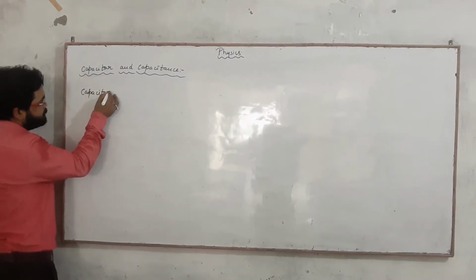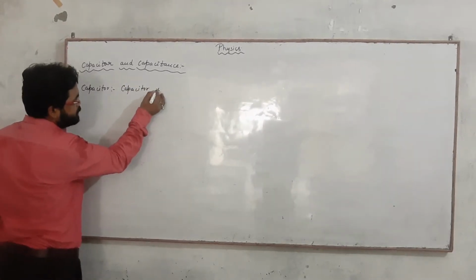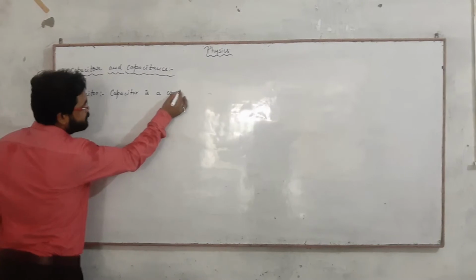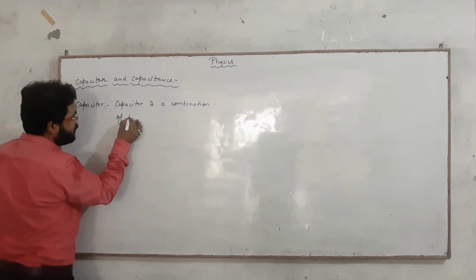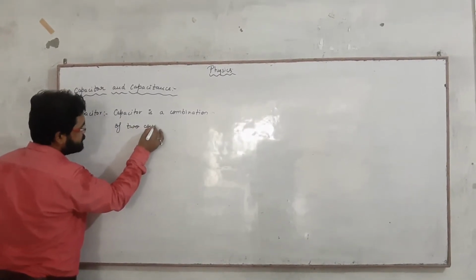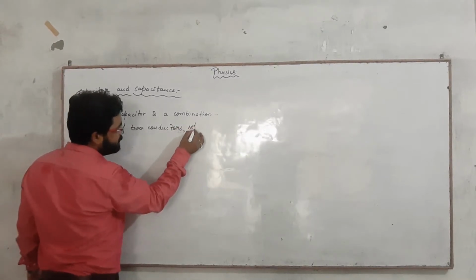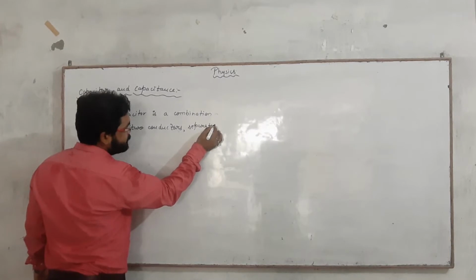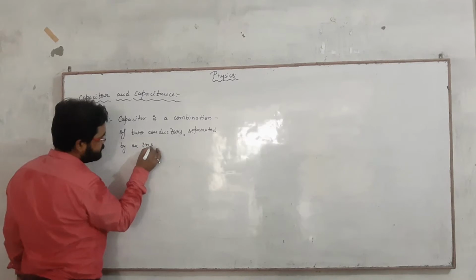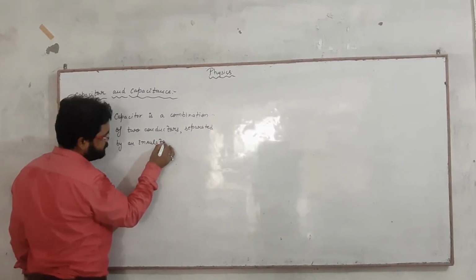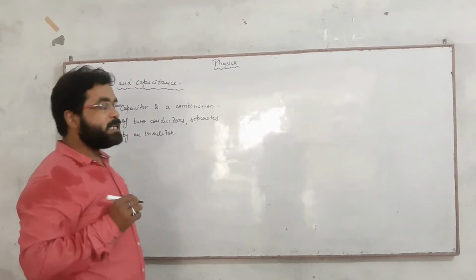A capacitor is a combination of two conductors separated by an insulator. Capacitor is a combination of two conductors separated by an insulator.